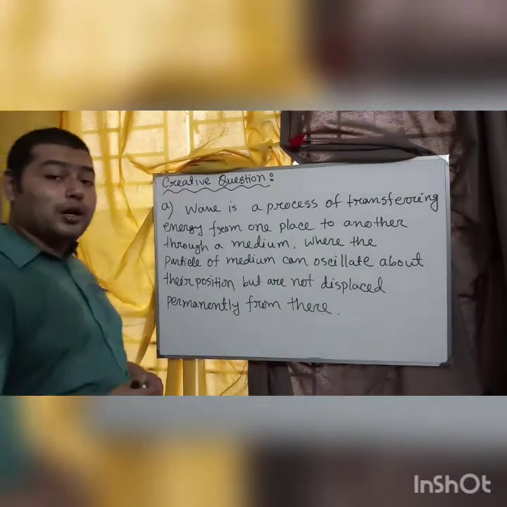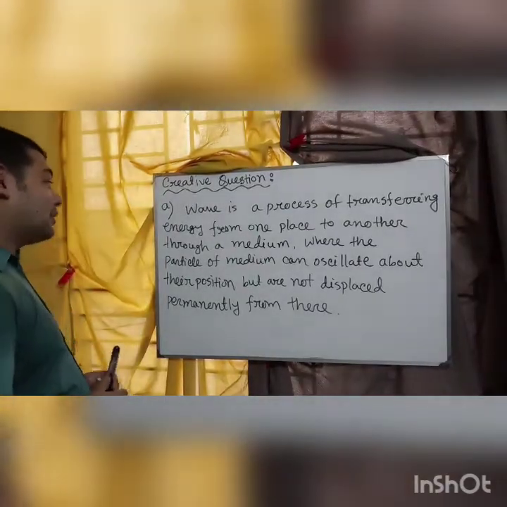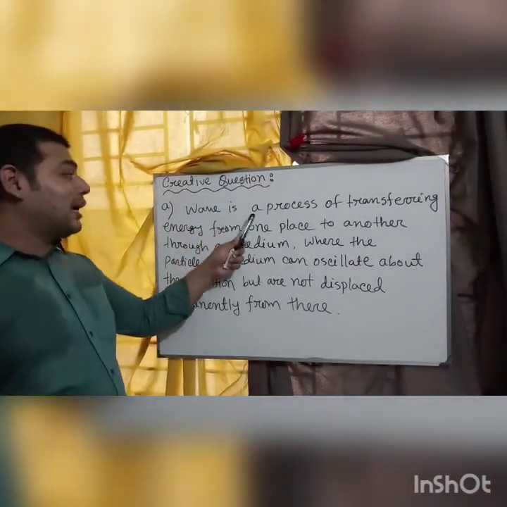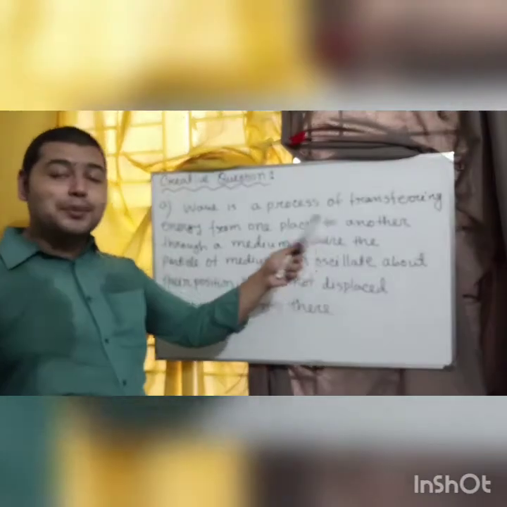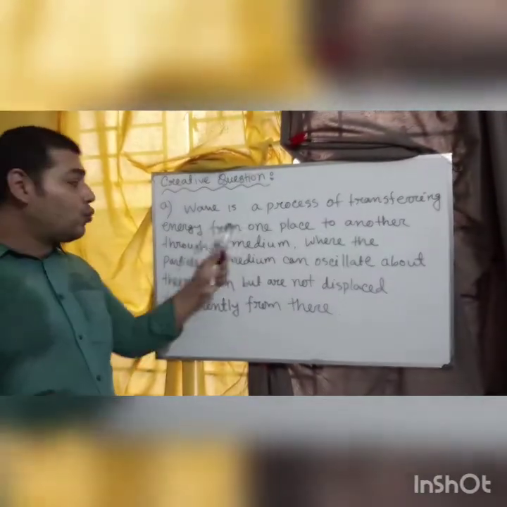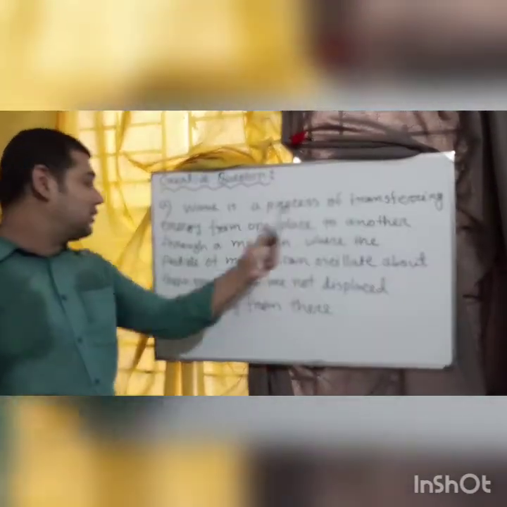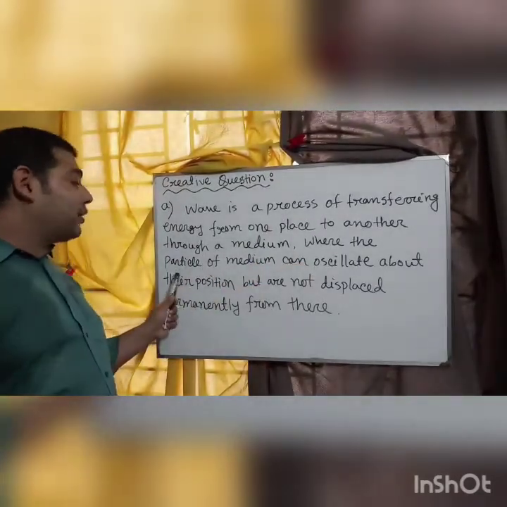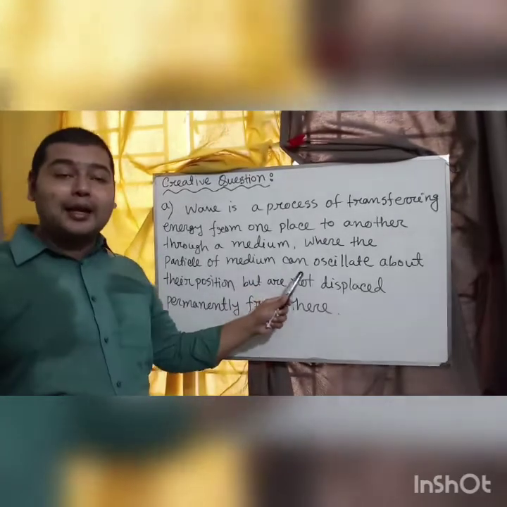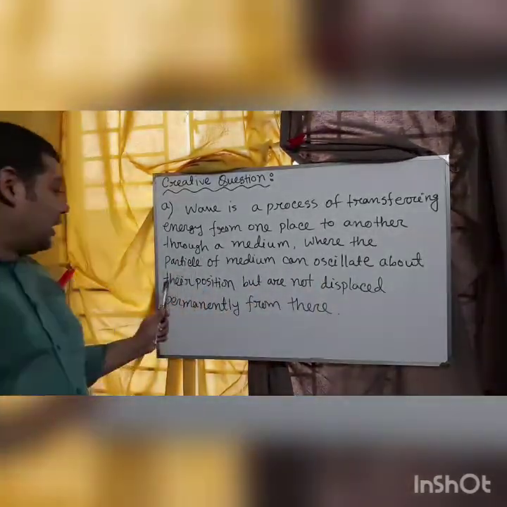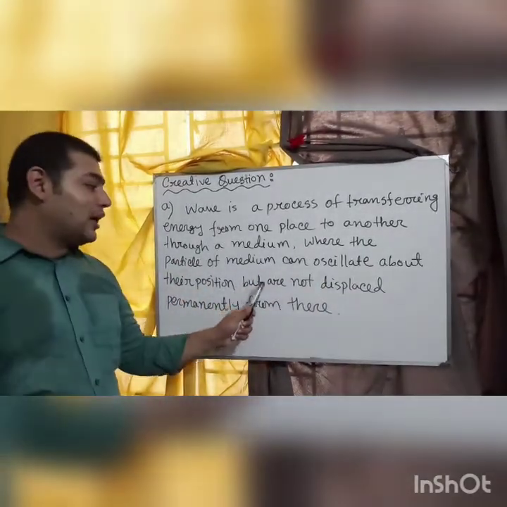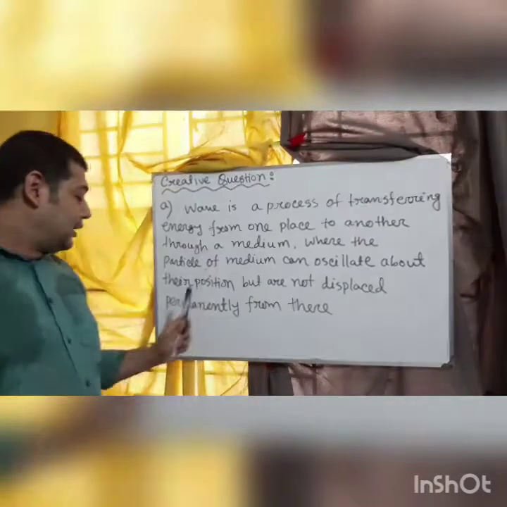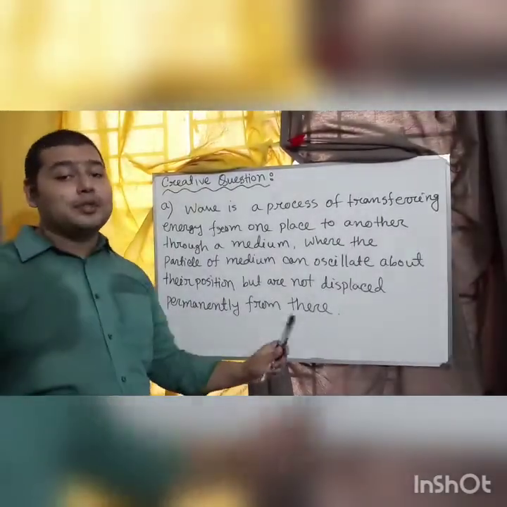The question was, what is wave? So the answer is, wave is a process of transferring energy from one place to another through a medium where the particles of medium can oscillate about their position but are not displaced permanently from there.